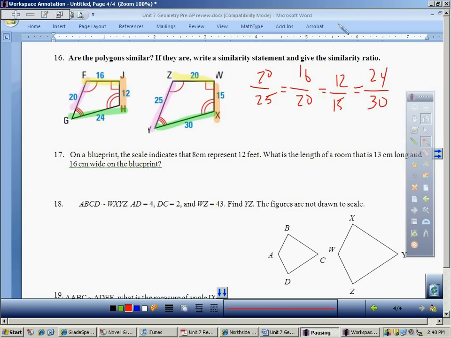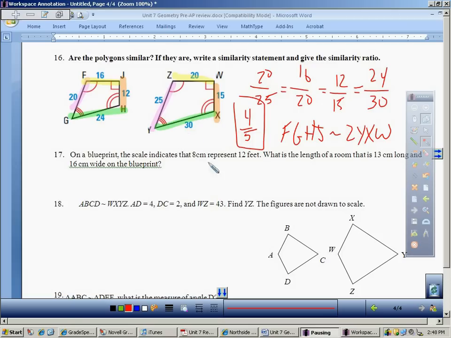And when I reduce all these, I find that they all equal 4/5. That would be the similarity ratio. And then I can write my statement, FGHJ is similar to ZYXW.